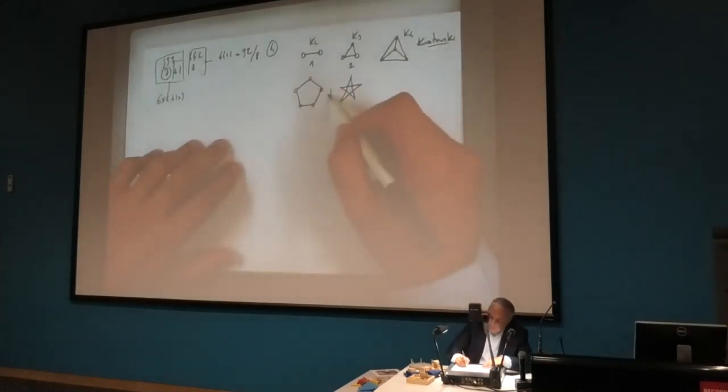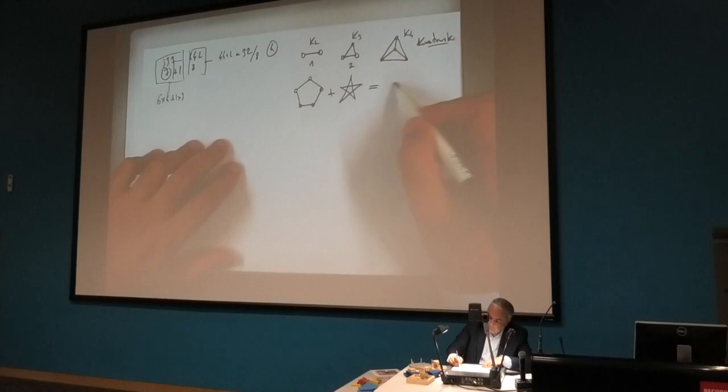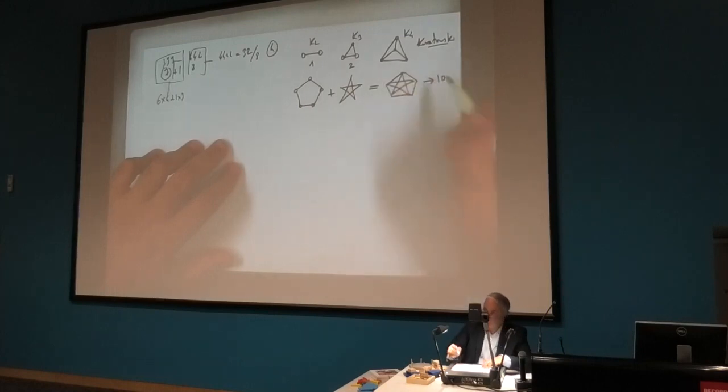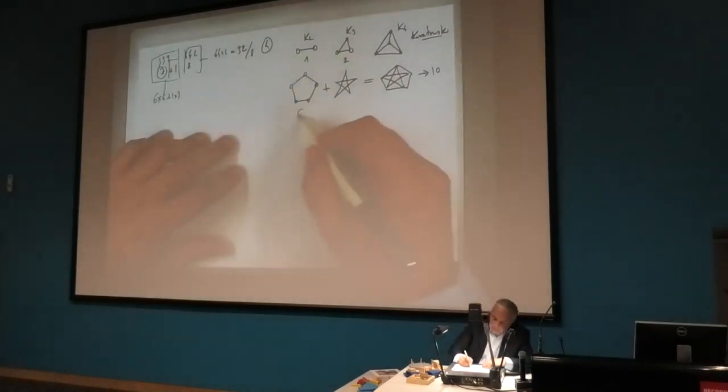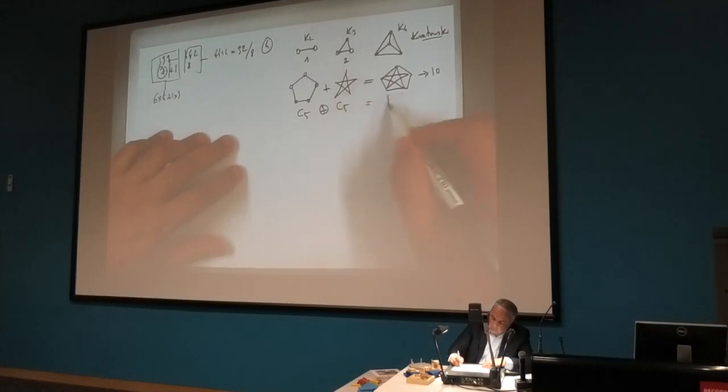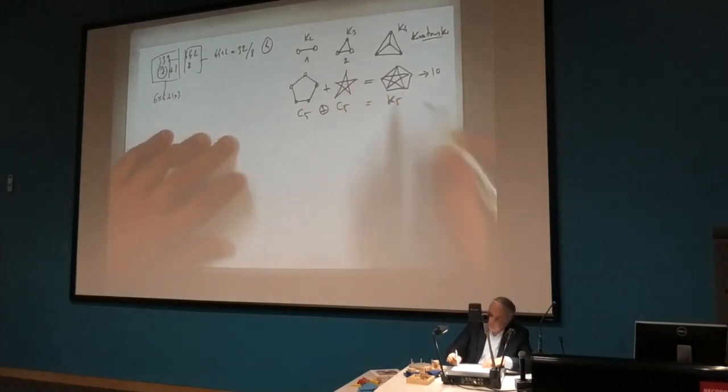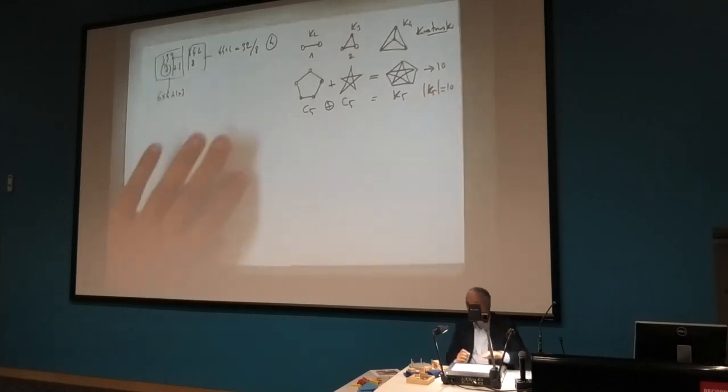Yes. Mathematical, C5 plus C5 equal K5. So the order is 10. It's okay?